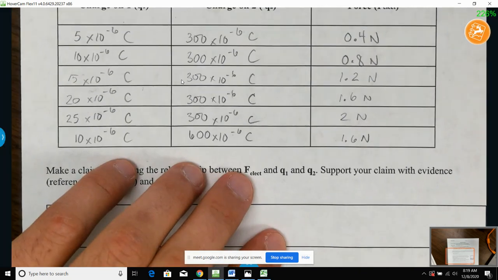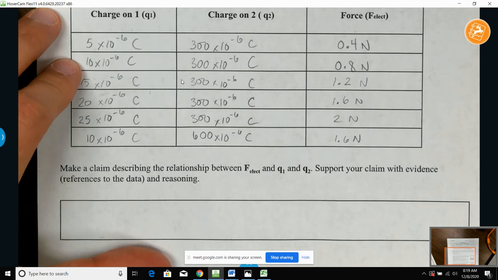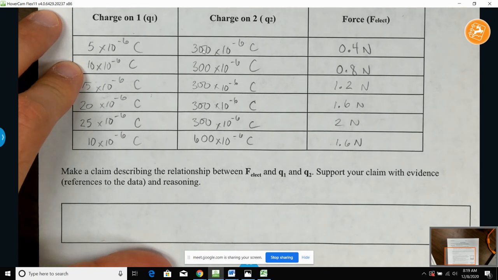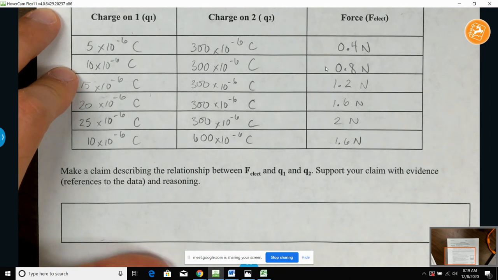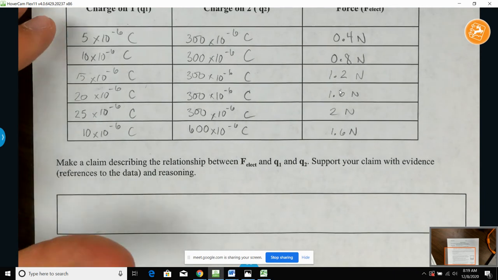Like, hey, since I doubled the charge on Q1, and did not change the charge on Q2, I wound up doubling the force. If I tripled the charge on Q1 without changing the charge on Q2, I wound up tripling the force.